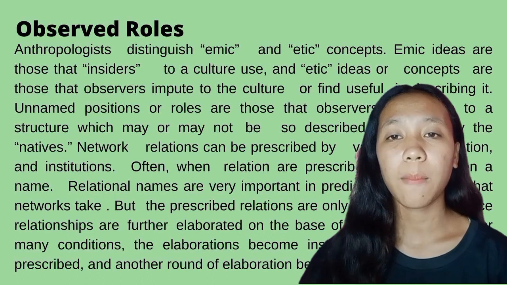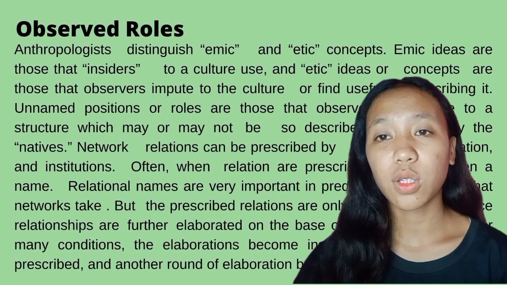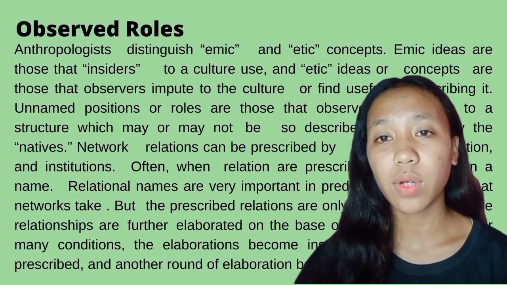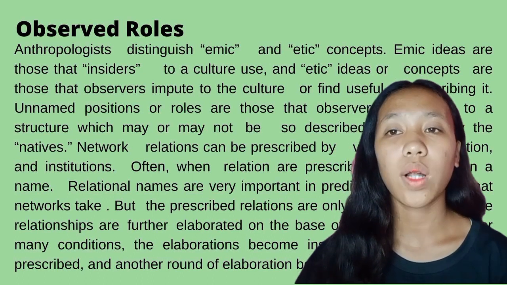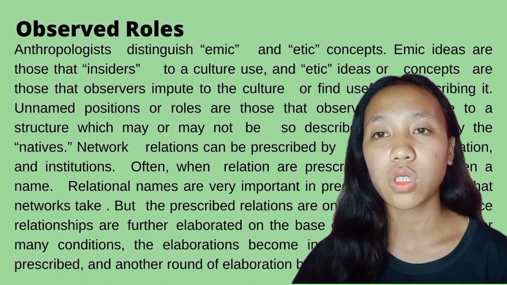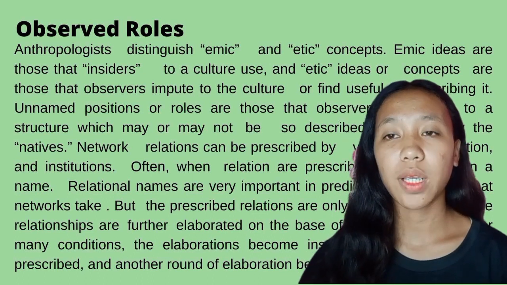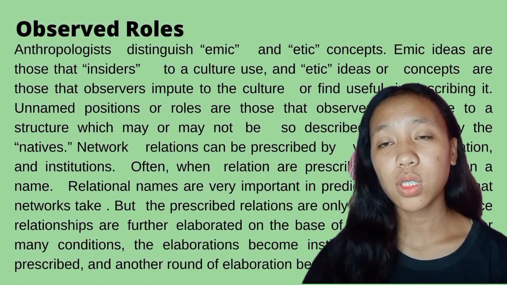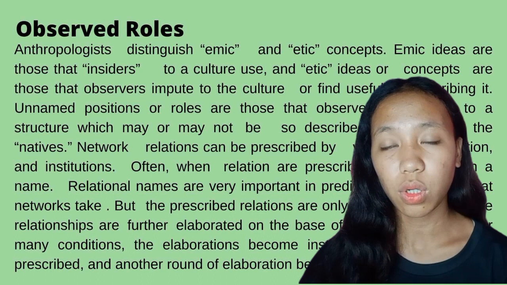So when we say observed roles in anthropology, emic concepts refer to ideas within a culture or understood by its insiders, while etic concepts are those imposed by external observers when it comes to roles. Observers may attribute a name, position, or a structure, whether acknowledged by the people within the culture or not.